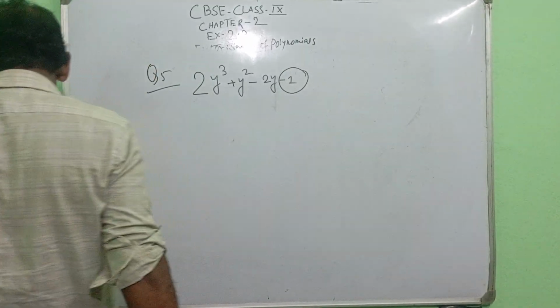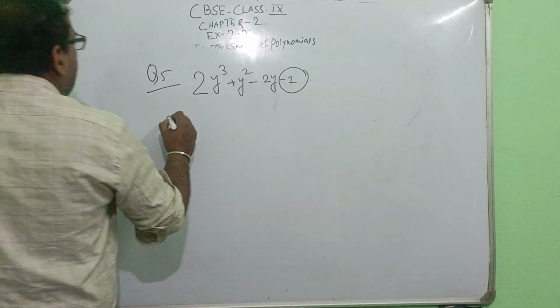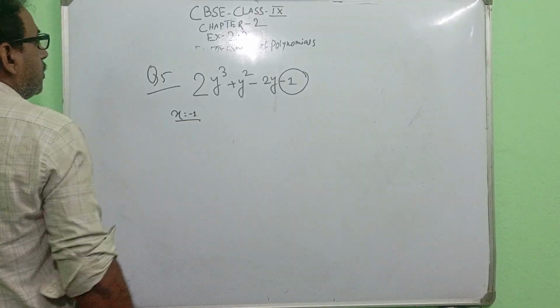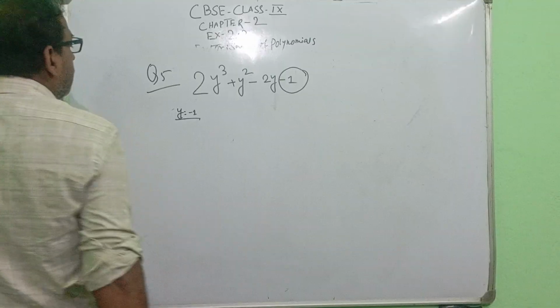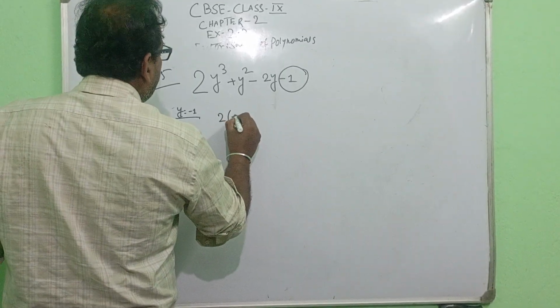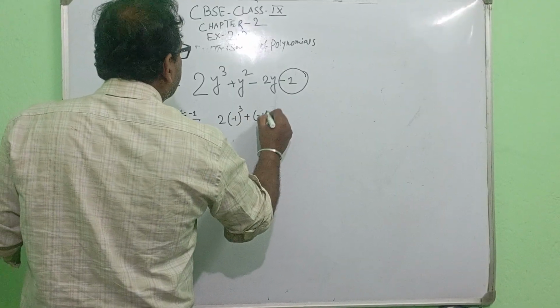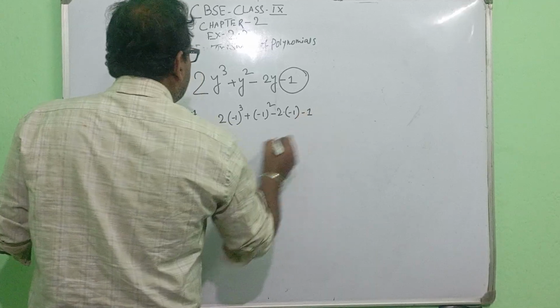Now try with y is equal to minus 1. Put y is equal to minus 1: 2 into minus 1 cube plus minus 1 square minus 2 into minus 1 minus 1.